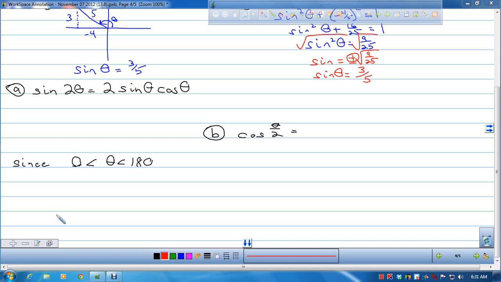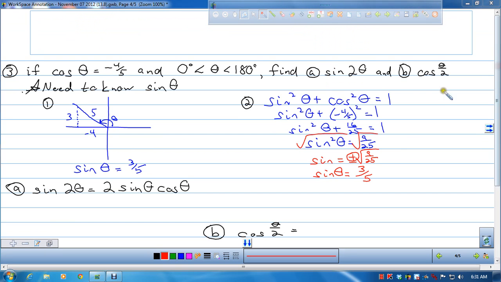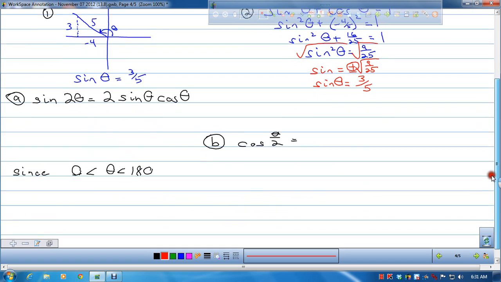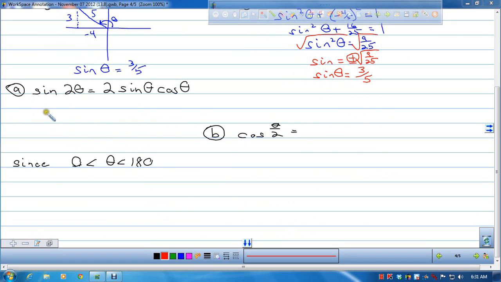Alright, so you guys are probably in class now. Sine of the double angle, because this asked me to find sine of twice theta and cosine of half of theta. So we're simply plugging into these values now.